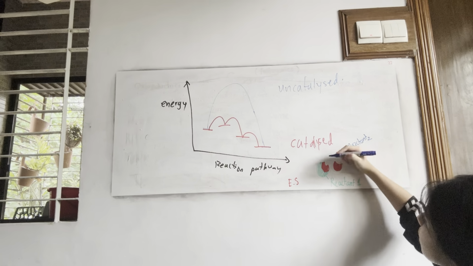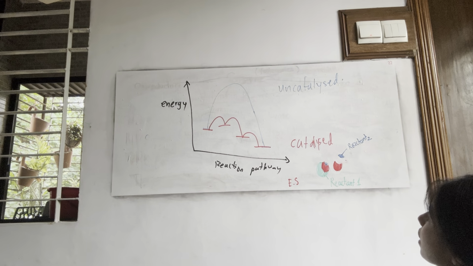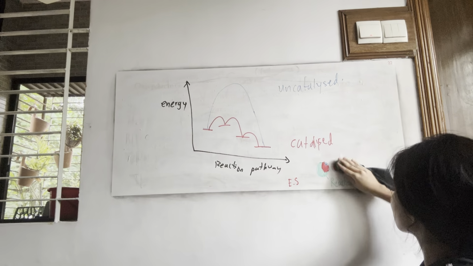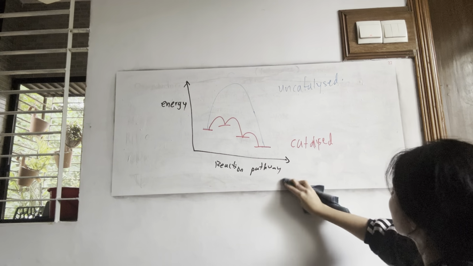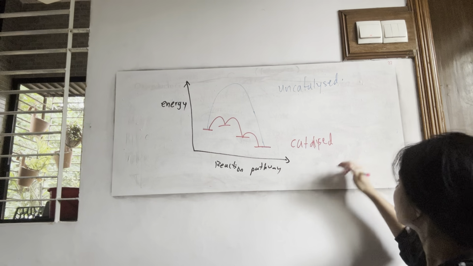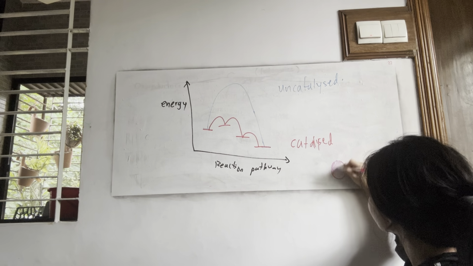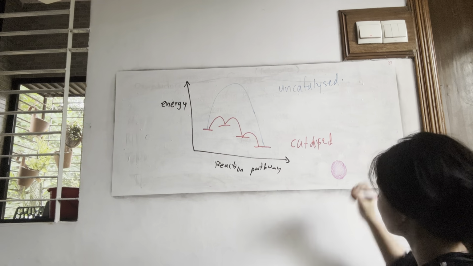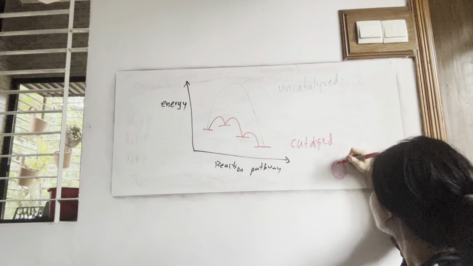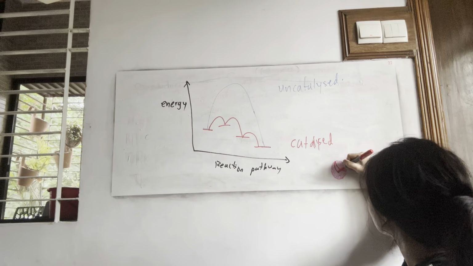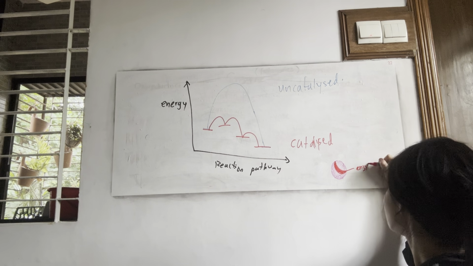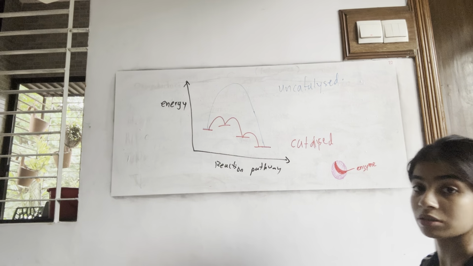And this happens, with some magic, and then this transforms into my product, which is this pink thing, with our enzyme still attached. I think my enzyme looks something like this. This is my enzyme, and the pink thing is my product. You can see it, right?